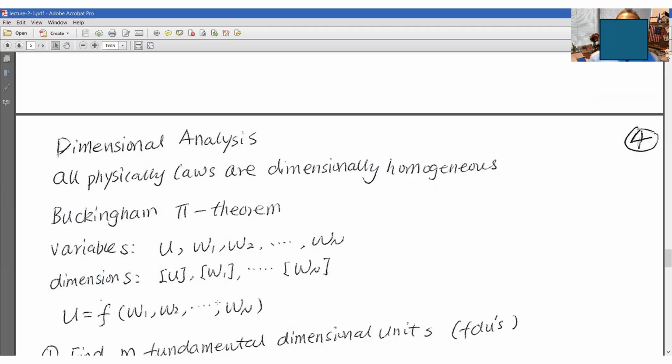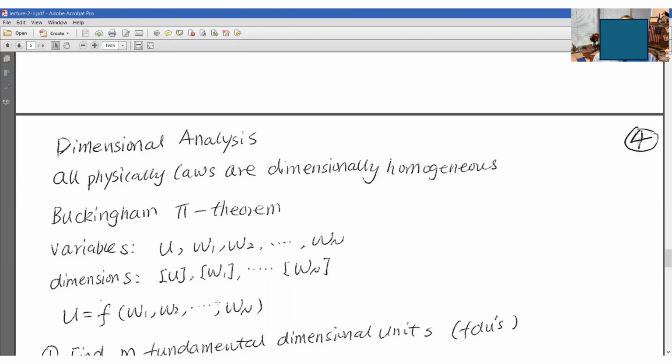Basically speaking, all physical laws are dimensionally homogeneous, right? This is the Buckingham pi theorem, which is the same as dimensional analysis.